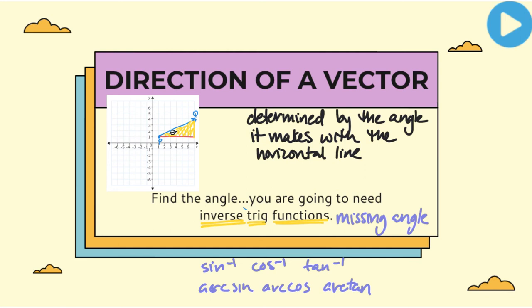So on an XY coordinate plane, the x-axis represents the east and west, and the y-axis represents the north and south. So we need to find the angle of the vector with respect to its direction, and this example vector would be in the northeast.